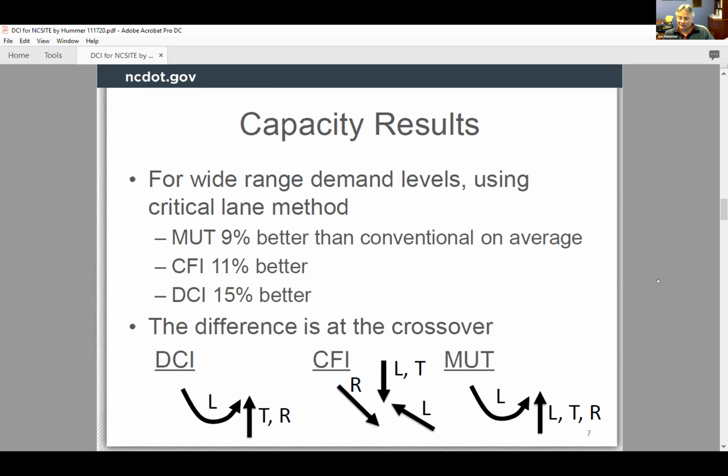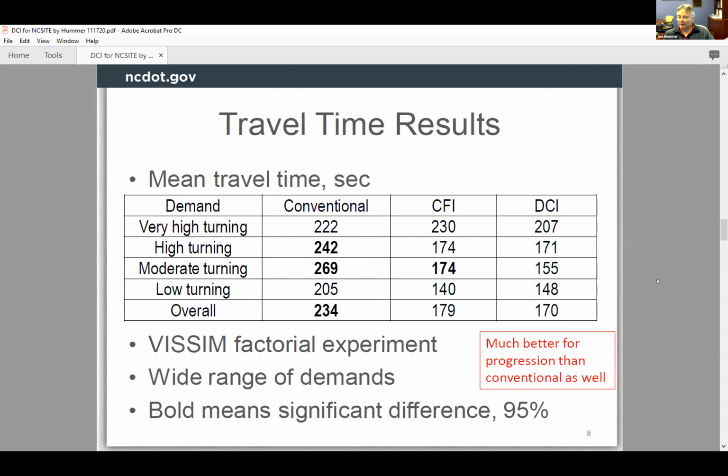So it doesn't take a genius to see, well, three is less than four, and therefore the DCI probably has a good chance to be providing higher capacity than those other two designs. Run the numbers for your particular case. It depends on the combinations: how many rights, how many lefts, which lefts, all that kind of stuff. But I think in general, you can see the case there for DCI being a capacity solution.